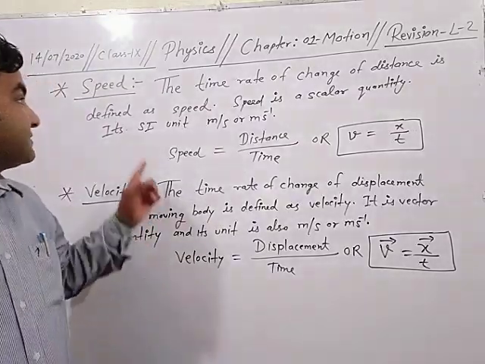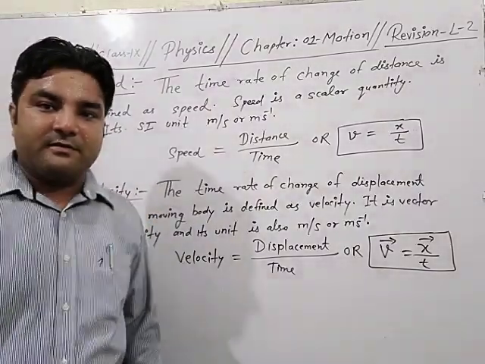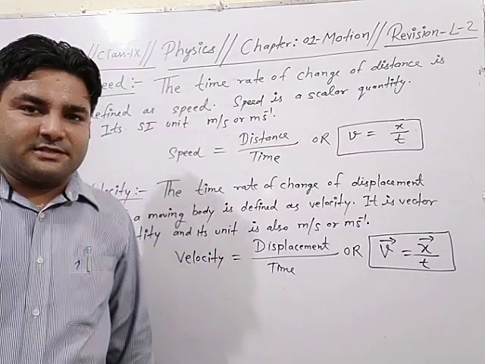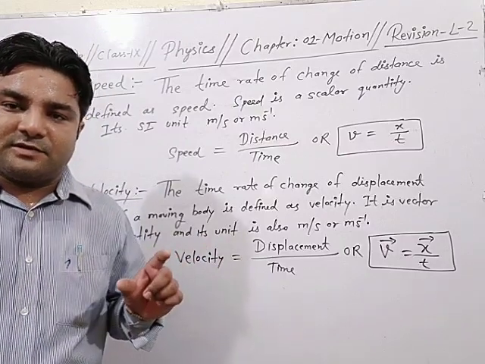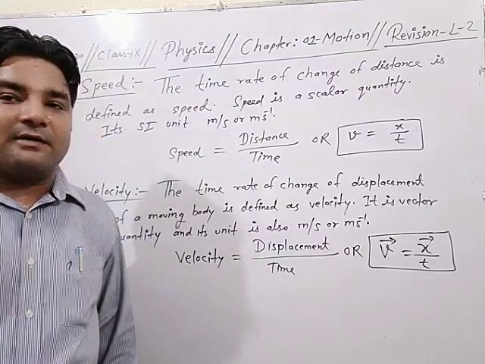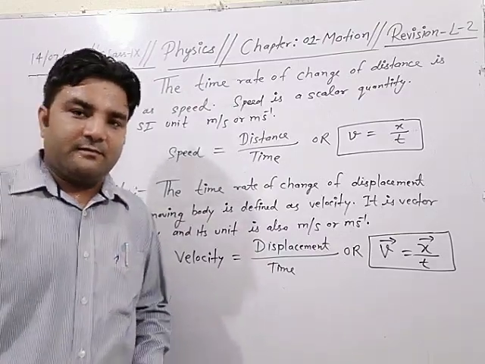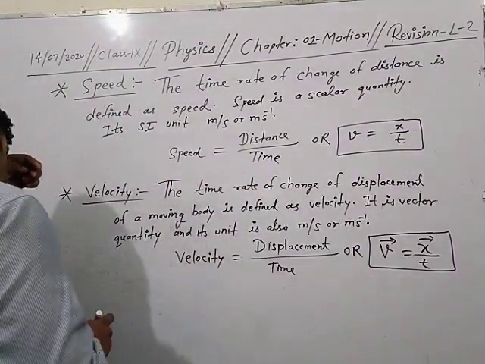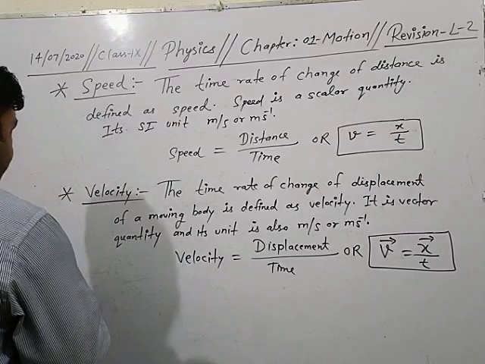Just after speed and velocity, there is another concept, the definition in terms of slope, that is, graph concept. First of all, speed graph concept.